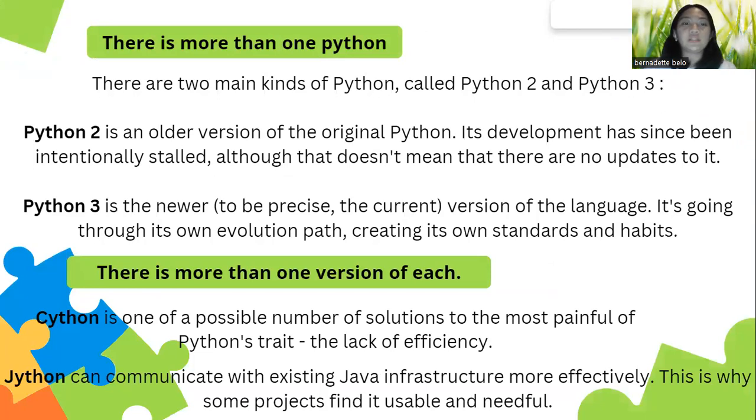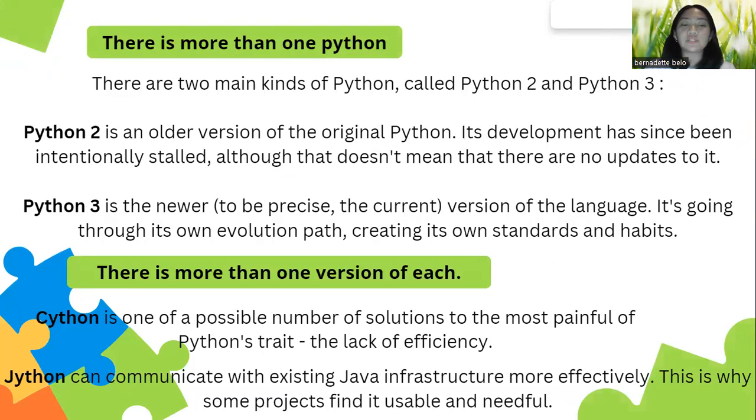There is more than one Python. There are two main kinds of Python, called Python 2 and Python 3. Python 2 is an older version of the original Python programming language.